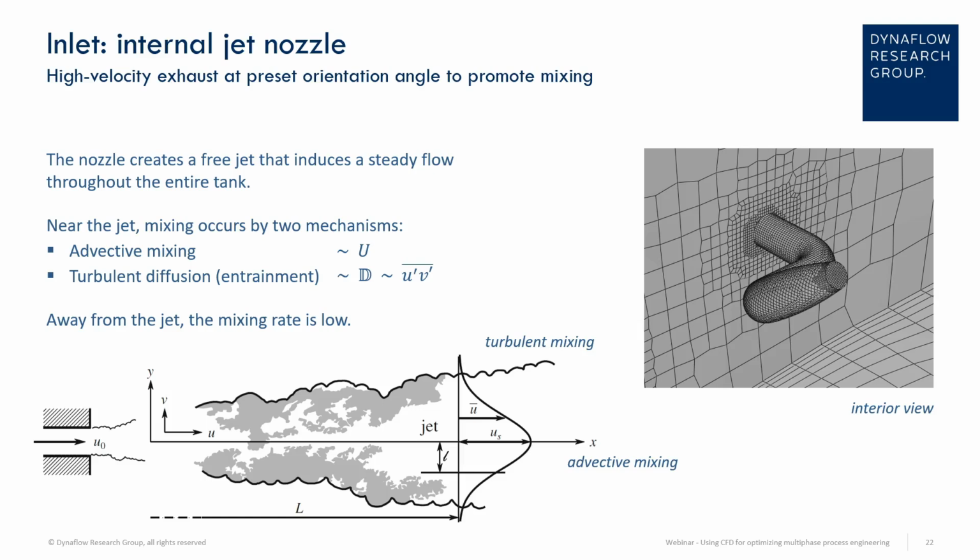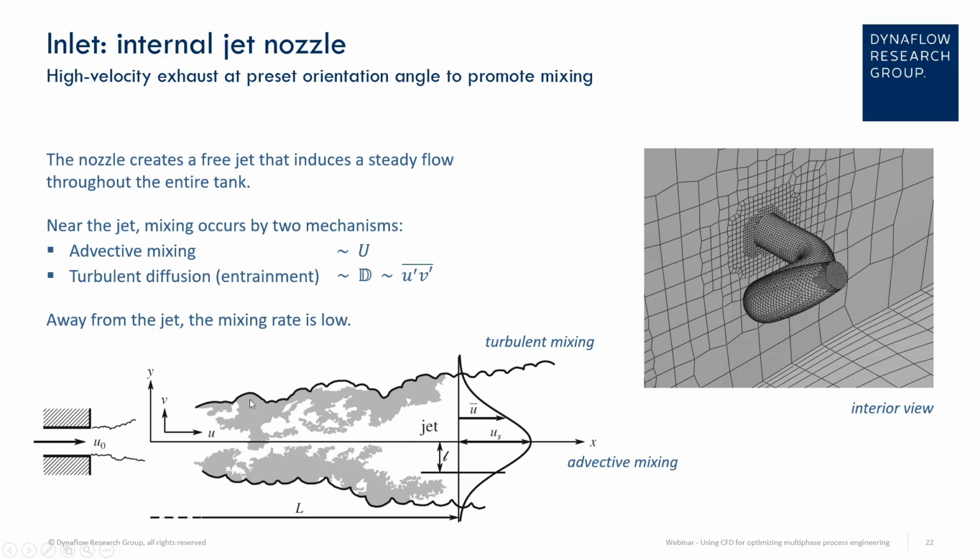Near the jet, there is a large velocity difference between the jet itself and the quiescent fluid that it is issued in. And you have mixing by two mechanisms. Right, so you have advective mixing, so you're basically replacing fluid of a certain concentration with fluid of a different concentration in the jet, just purely by advection, which then scales with the mean velocity.